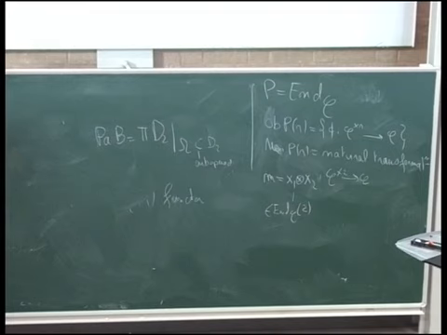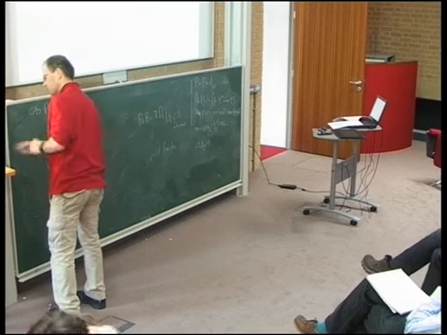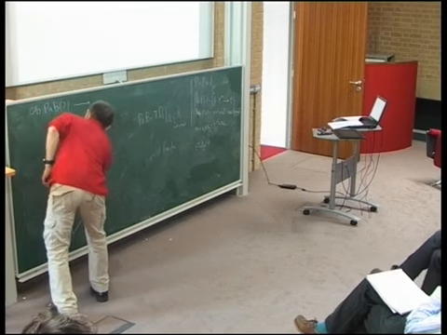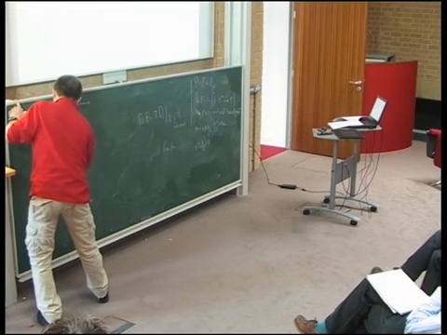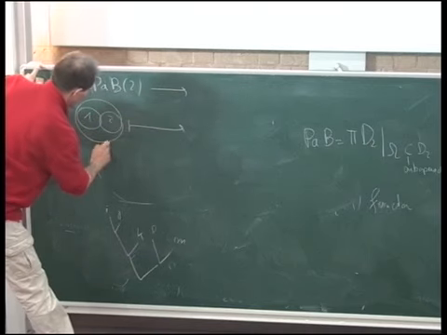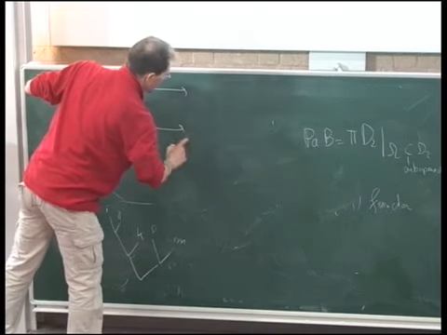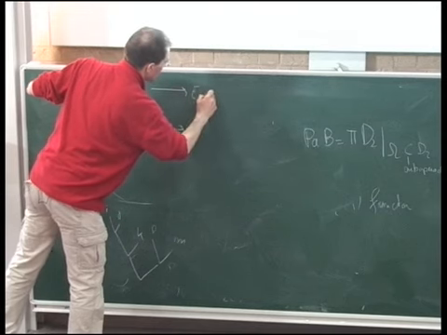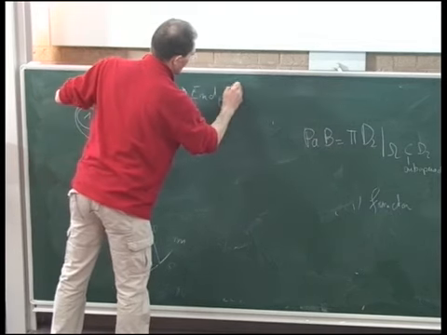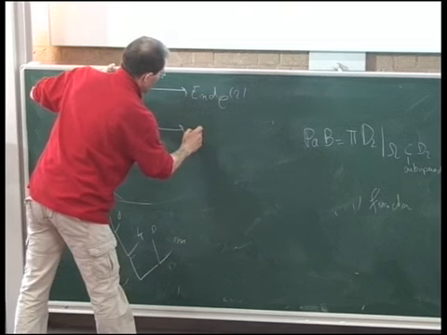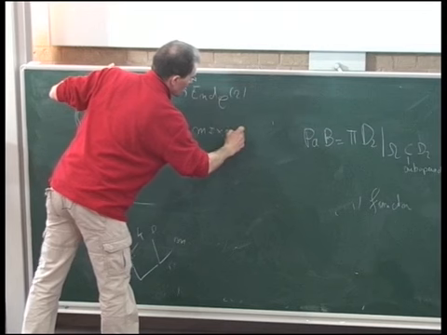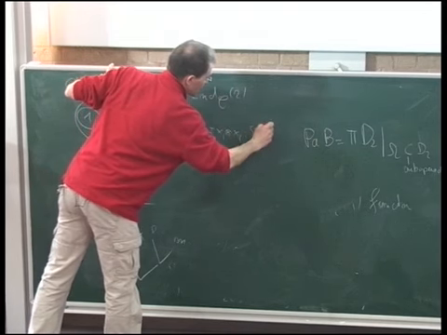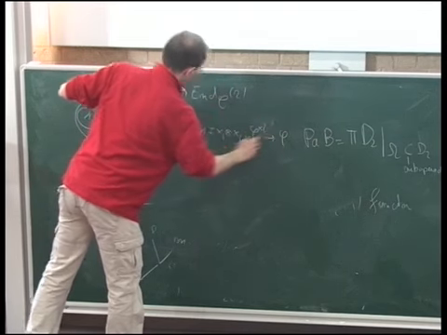In the objects of PAB, you have this configuration mu, which has to be mapped to some M in P2. So it's a bifunctor from C cross C to C.